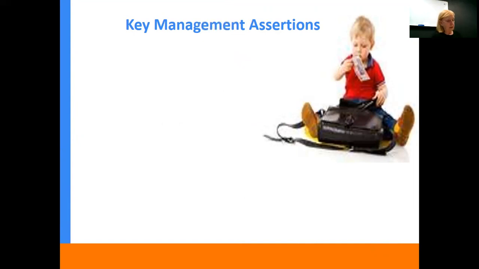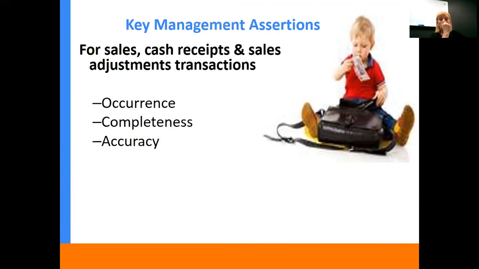So with sales and collection, the management assertions that we're mostly concerned about are occurrence, completeness and accuracy. We want to be sure that sales have only been recorded if they did occur, that management hasn't included fictitious sales in overstated sales. In terms of cash receipts, we're worried about completeness.